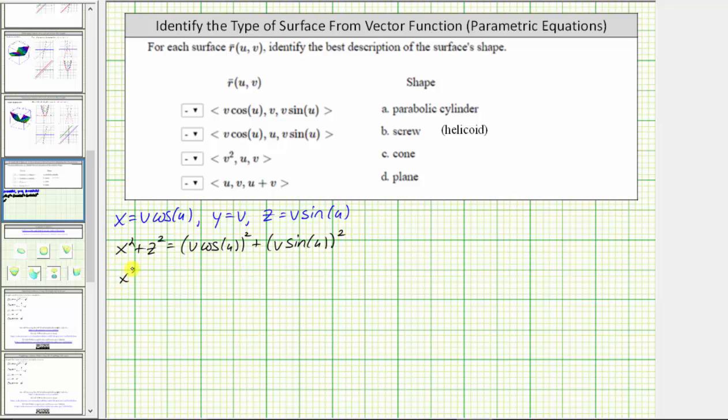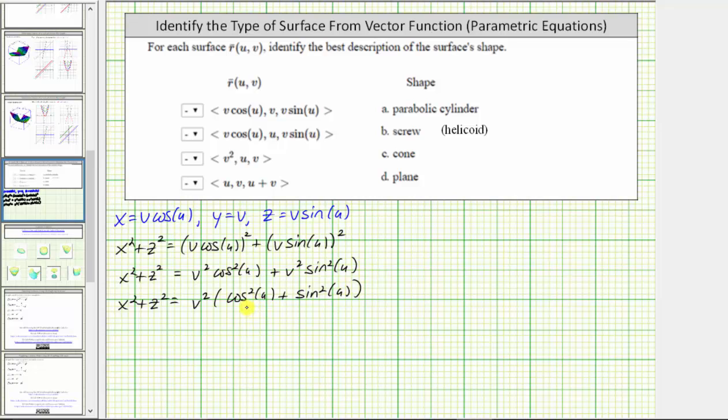and therefore x squared plus z squared is equal to v squared cosine squared u plus v squared sine squared u. If we factor out v squared from the right side, we have x squared plus z squared equals v squared times the quantity cosine squared u plus sine squared u.